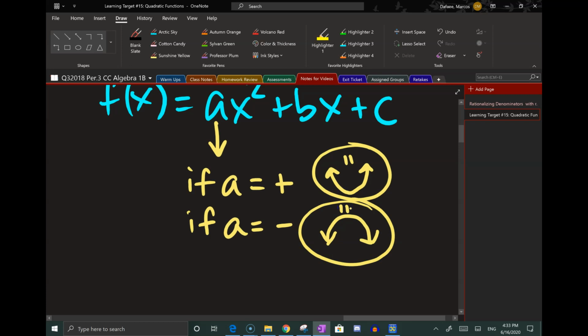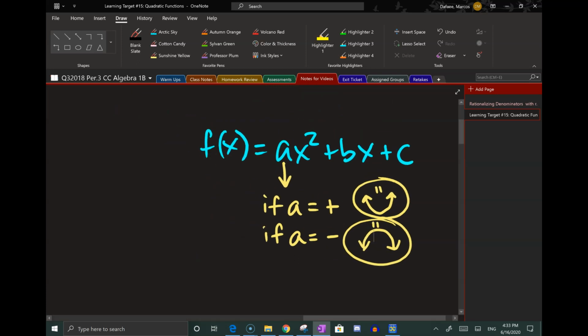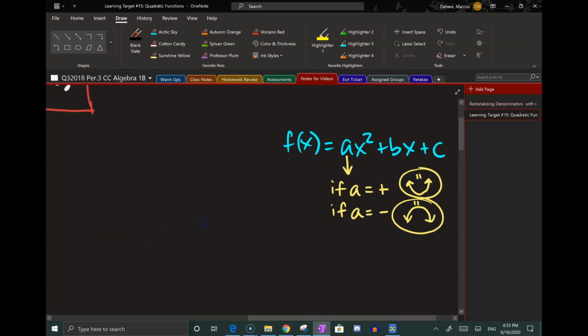So if that helps you to remember in which direction the parabola is likely to end up, then please, by all means, go ahead and use it. It does work for me, and I like the analogy as well, as we can all relate to things like that.